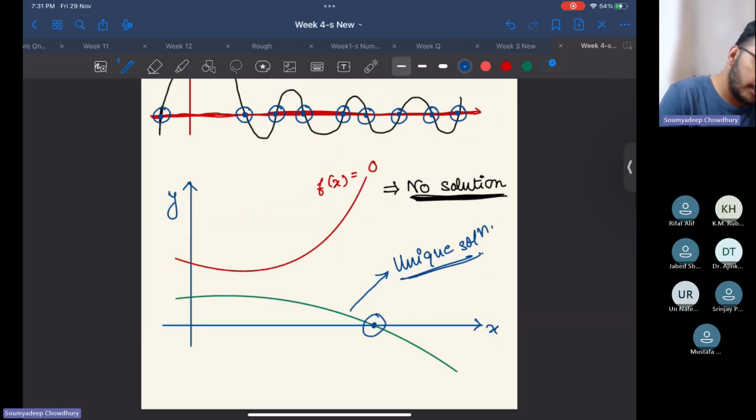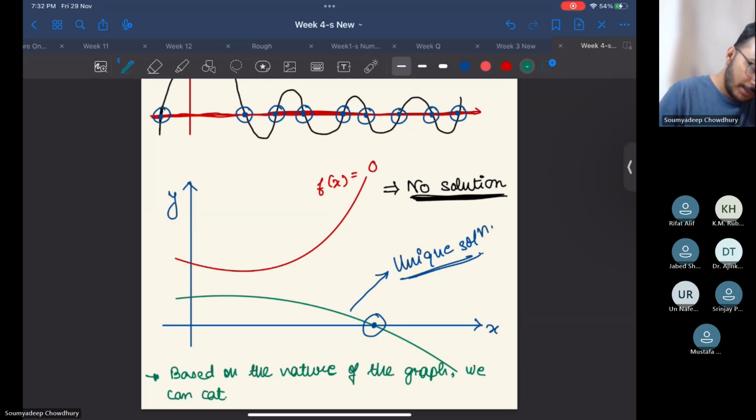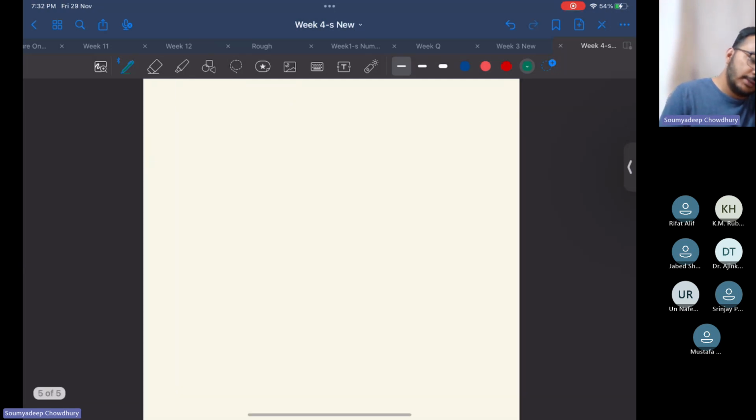So what we can conclude from this is, based on the nature of the graph, we can categorize the solutions of f of x equals 0 as, there are three kinds of solutions, right?